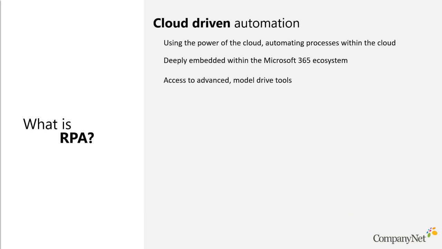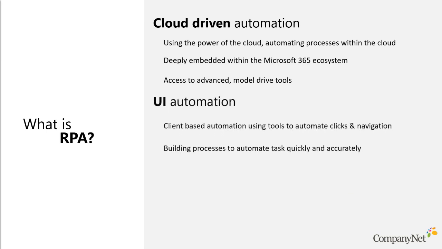You can use the data there, you can integrate the data, you can action on the data, all within this automation process. And then you've got access to advanced model-driven tools, which I'll discuss a little bit later with things like AI Builder and Power Virtual Agents and some really exciting and feature-rich tools.